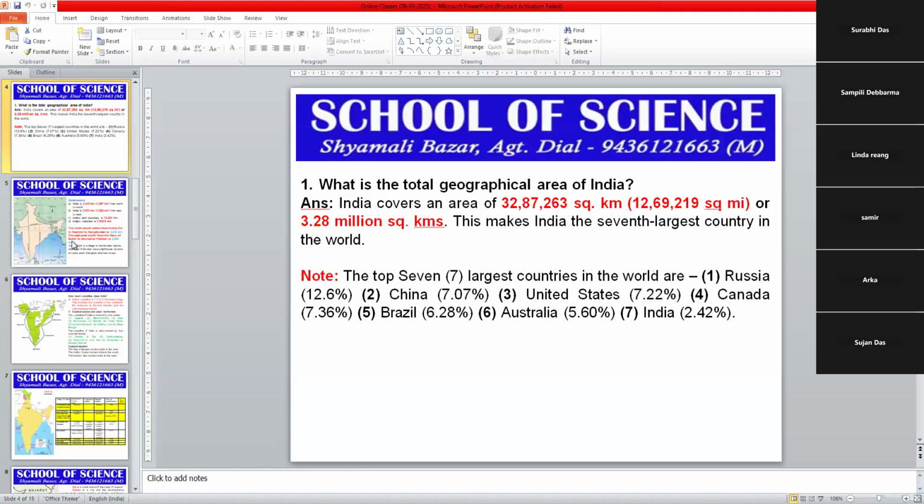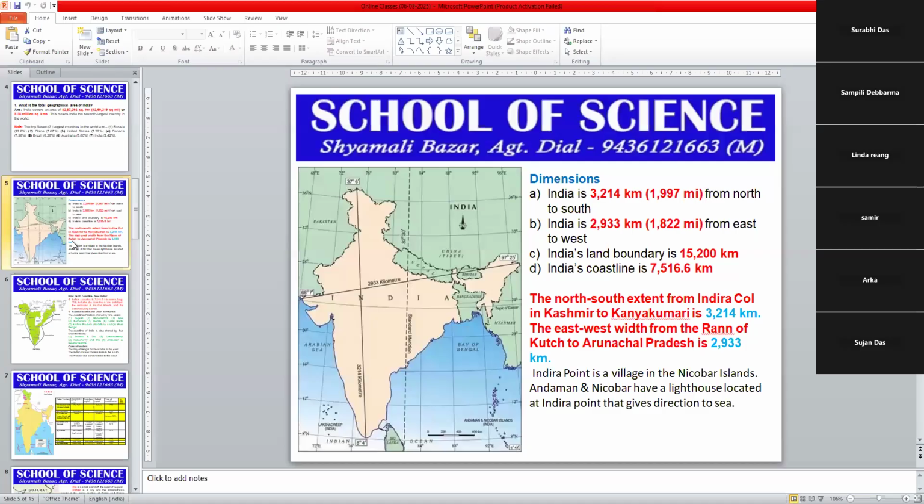Okay. Now see this figure, the Indian map is given. And when we talk about dimensions, India is 3,214 kilometers from north to south. North to south means from this point to this point.